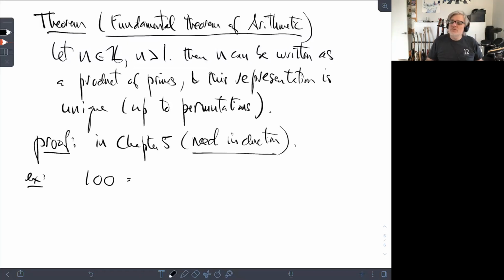So 100 is 2 times 50, 2 is a prime. 50 is 2 times 25, so that's 2 times 2 times 25, and then 25 is 5 times 5. So there you have it, right? So this is 2 squared times 5 squared. This is the unique way to write 100 as a product of primes. 2 is there twice, and 5 is there twice. 2 and 5 are primes, okay?